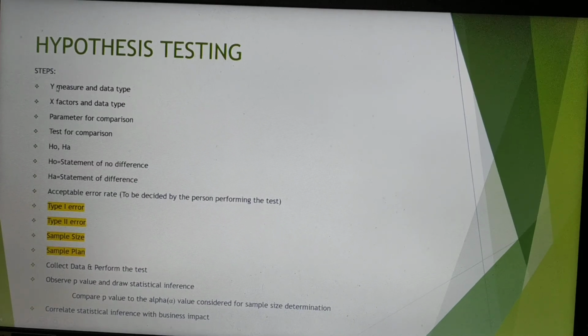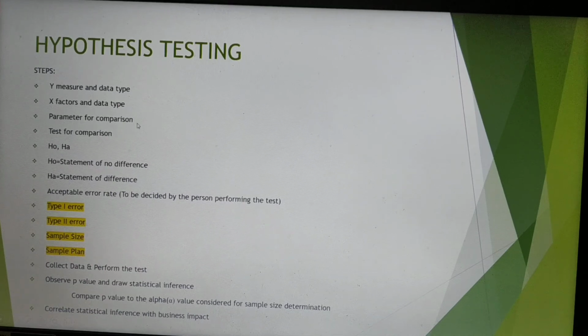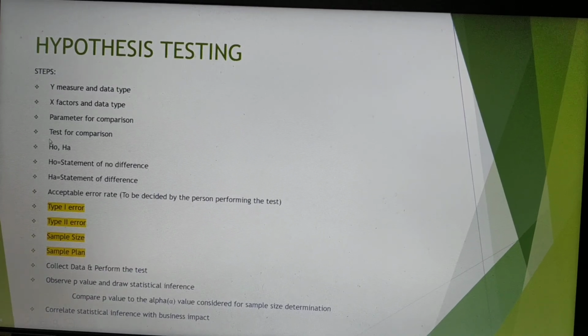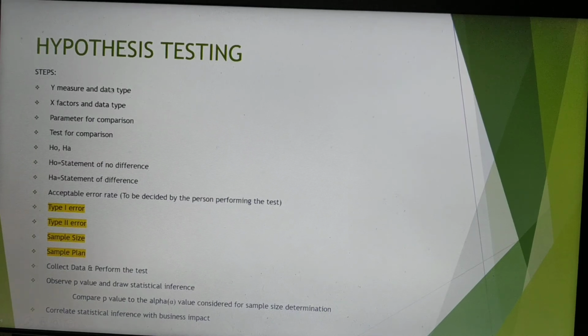So we'll see the Y measure and the data type, then the X factor and the data type, and based on the Y and X we'll decide the parameter for comparison. Like in the previous example about men in city A and city B, the parameter for comparison was mean. Then we'll go for the test for comparison. So let's focus on the first 4 steps first.